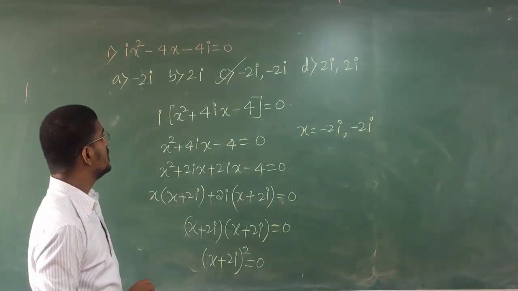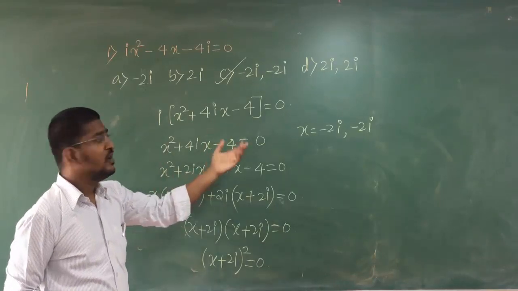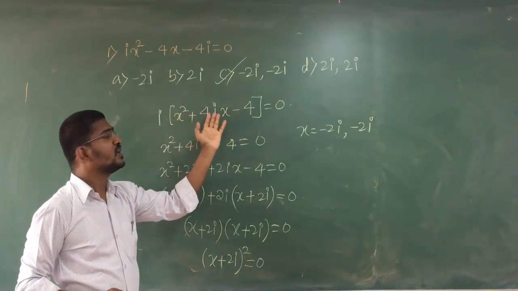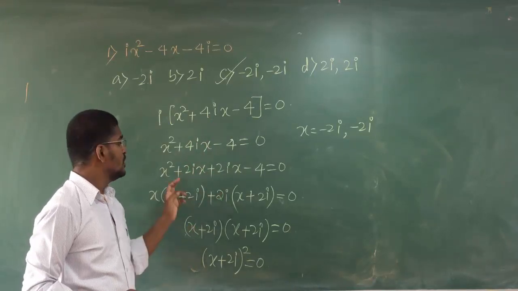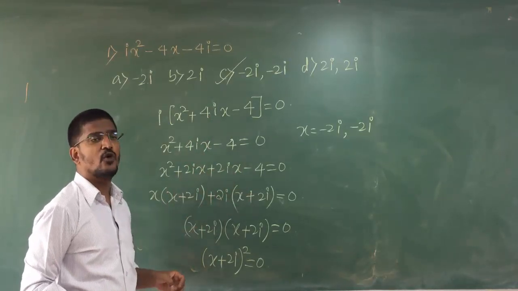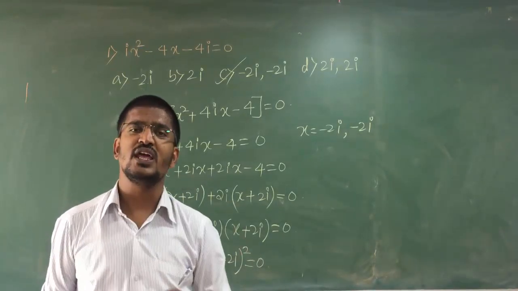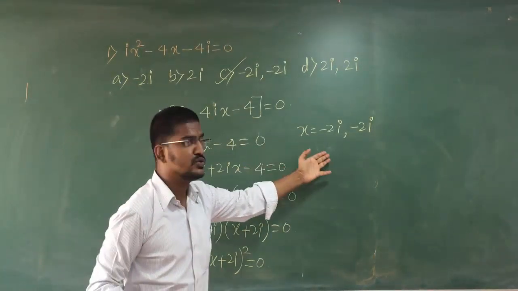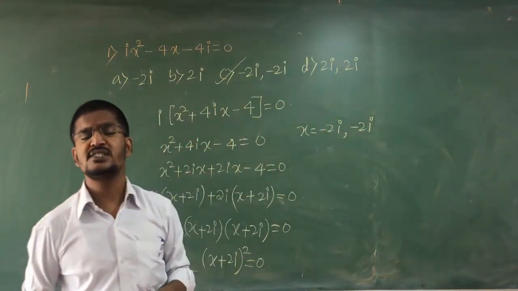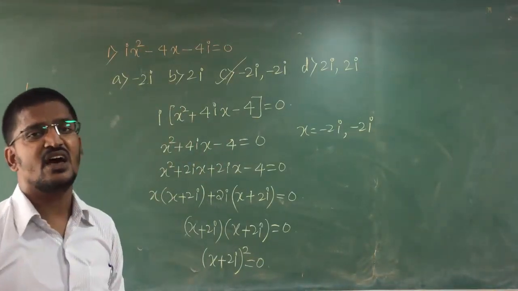Okay students, so see how to simplify this. Take i common. This is a quadratic complex equation. This can be written as 2i plus 2i. If I multiply this 2 it will be minus 4. So take the common terms and write x plus 2i whole square equal to 0. Clear? So roots are minus 2i comma minus 2i. So option C is the correct answer.